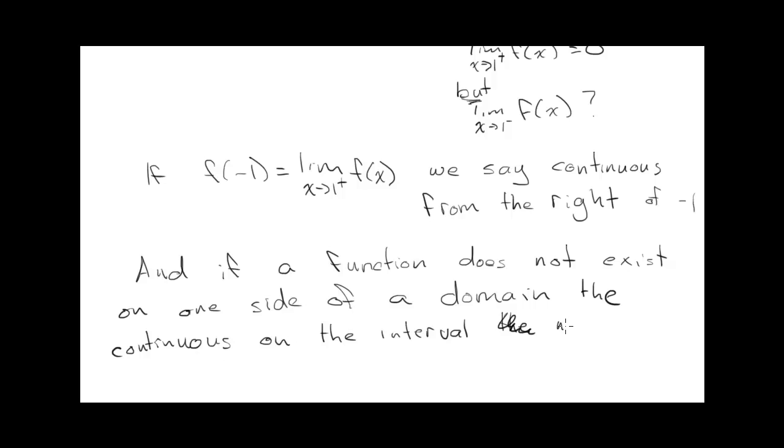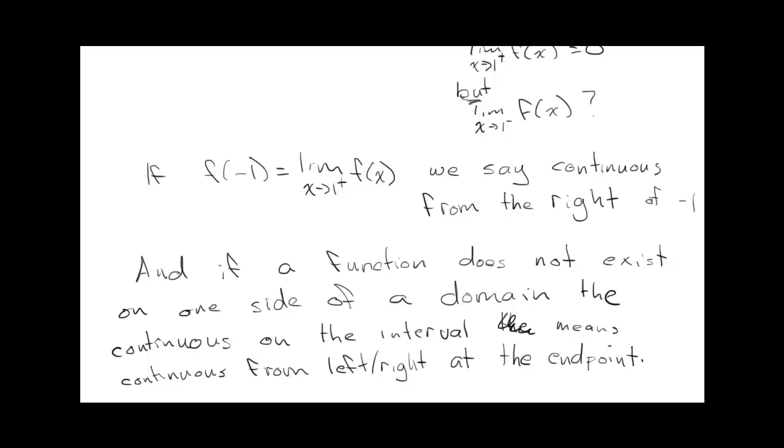Continuous on the interval means continuous from left or right at that point, whichever the case. In this case it was from the right, but if it was on the other side it would be from the left, at the endpoint, because it was just the endpoint which was the issue.